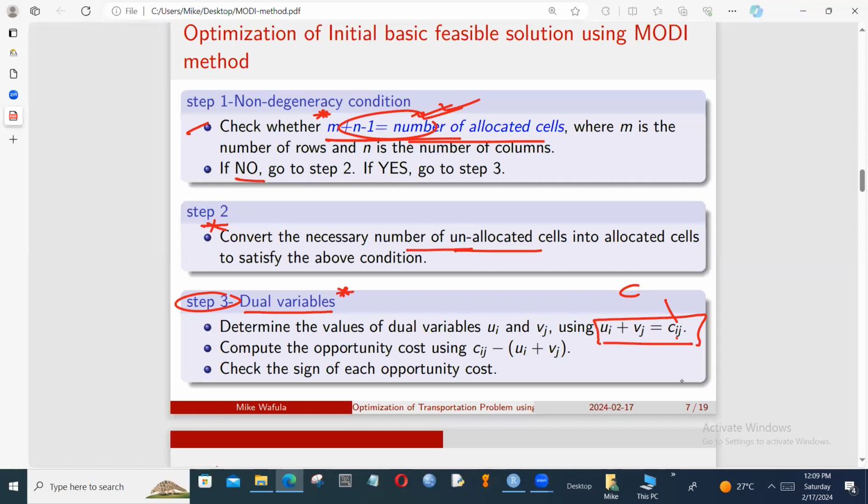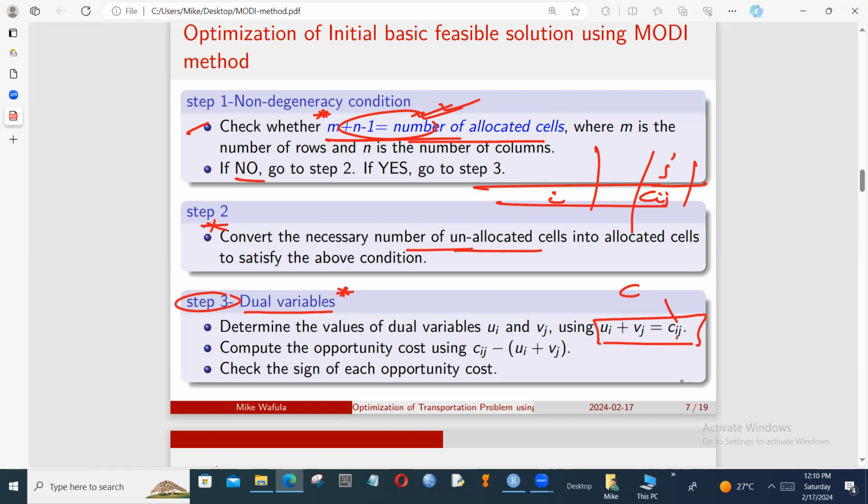So this will be the cost in cell Cij. If our row is labeled I and a particular column J, then it is the cost of transporting a single unit of product from source I to destination J. That is what we are calling Cij.